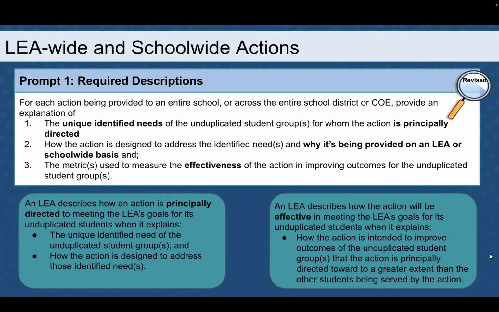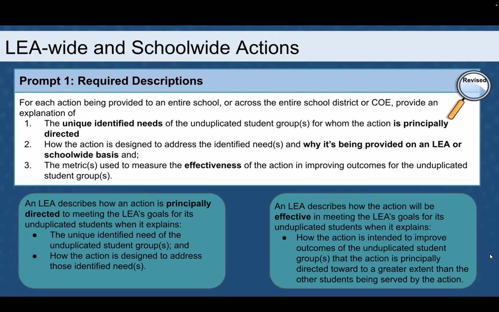So let's talk a little bit about what "principally directed" means. In the past, oftentimes we've said an action is principally directed for our unduplicated students. Instead of just using those words, principally directed, here is how an LEA would demonstrate that an action is principally directed.